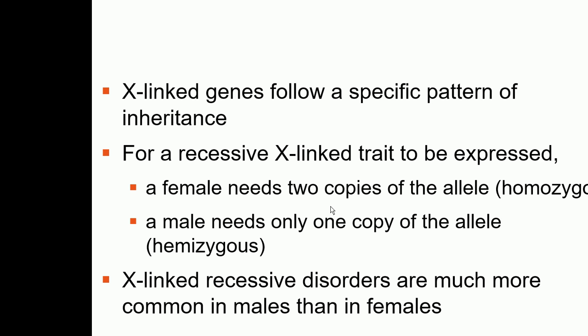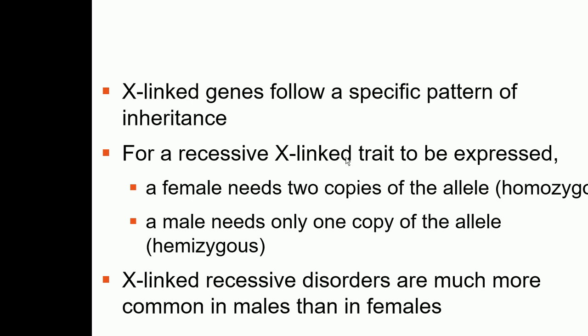But in females, it's not going to show its effect unless both X chromosomes have the mutated allele. So for a recessive X-linked trait to be expressed, a female needs two copies of the allele. If a mutation takes place in one, she has another X chromosome with a normal allele, so she is a carrier.